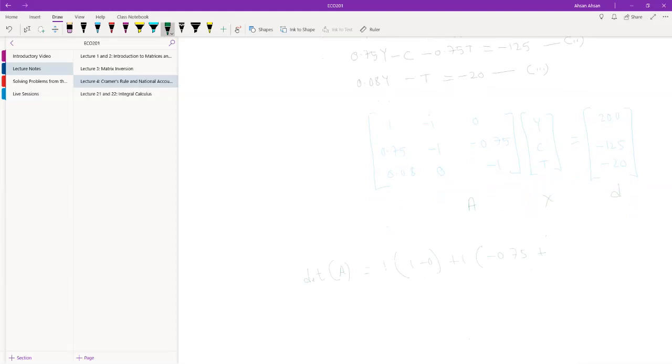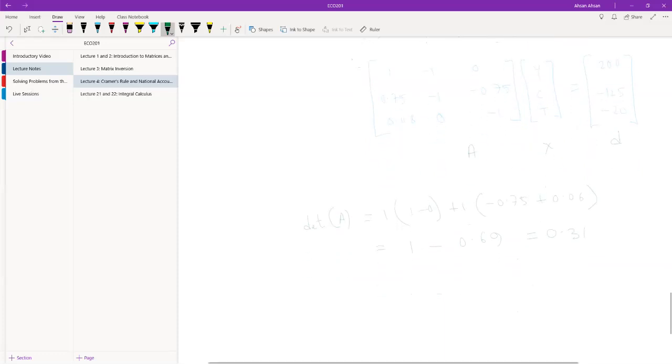I get 0.75 times 0.8, which is 0.06. So what I get is 1 minus 0.69, so 0.31. That is the determinant of A.